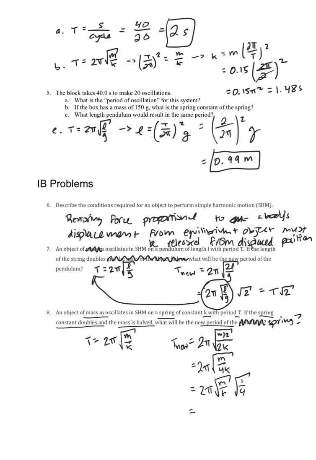Noting that this is T, we can just call this T over 2, since the square root of 1/4 is just 1/2, right? Because the square root of 1 is 1, square root of 4 is 2. And so that is our answer for our last IB problem for ESO.